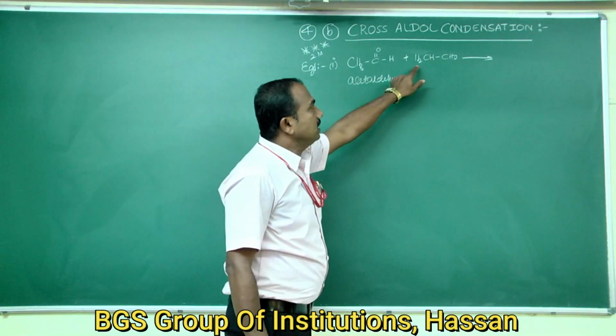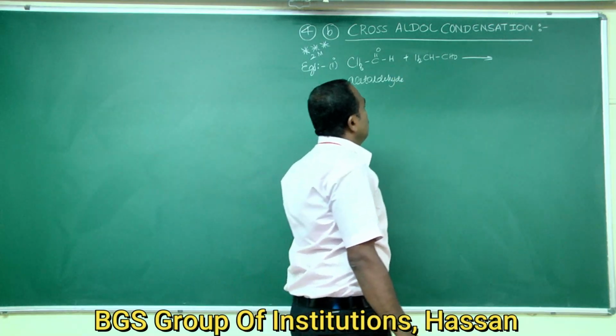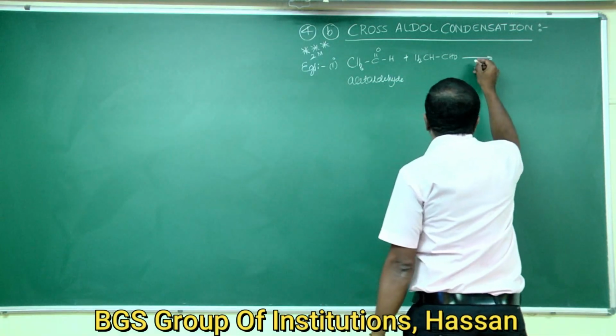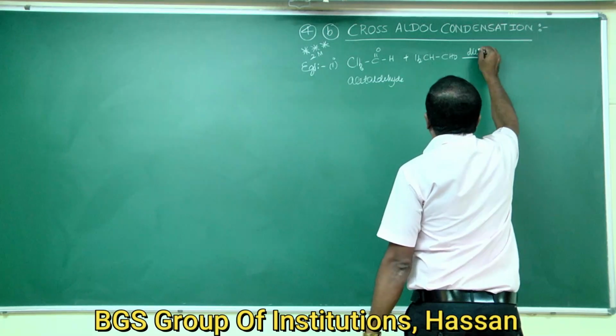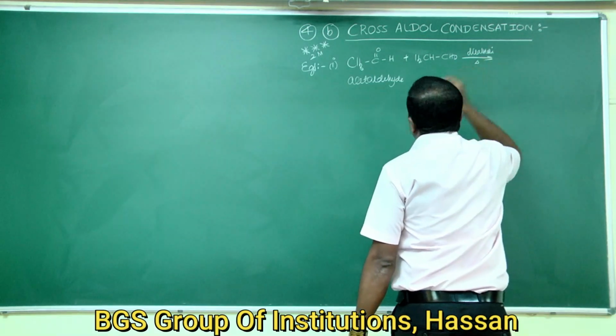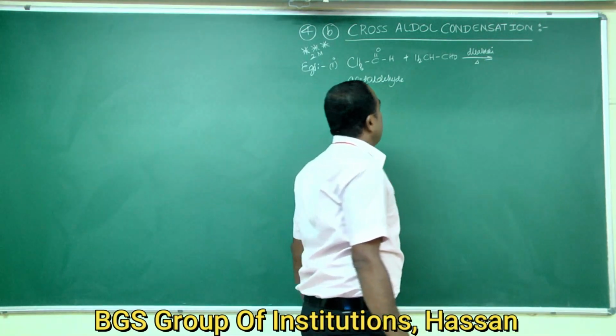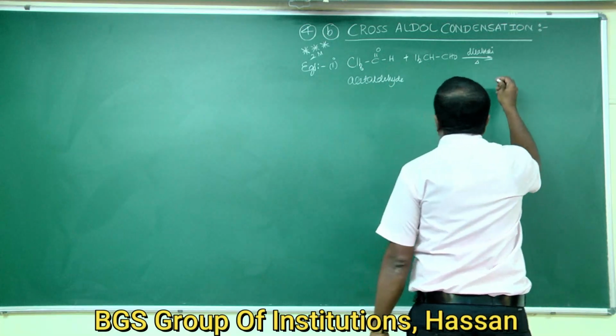CH3CHO plus CH3CHO, in presence of dilute alkali, sodium hydroxide, and heated, so we are going to get the aldol product, that is the cross aldol.